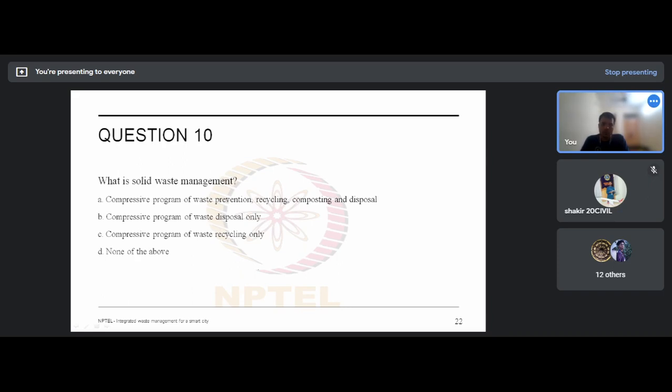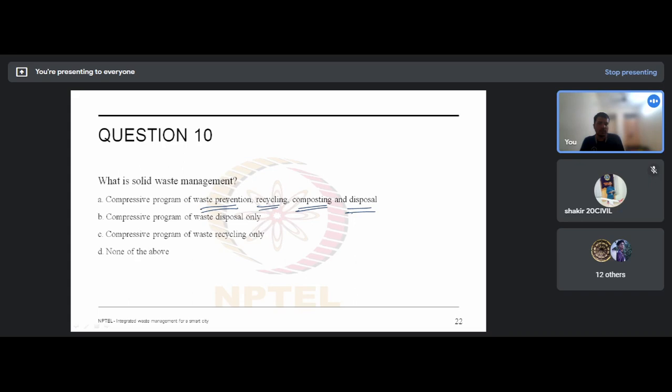When we talk about solid waste management, there are different stages, as I told in the overview slide. We want to prevent the waste, recycle the waste, do composting, and do disposal. We want to take care of all these processes under a single umbrella. That is why it is called a comprehensive program: it combines all these different processes into one.